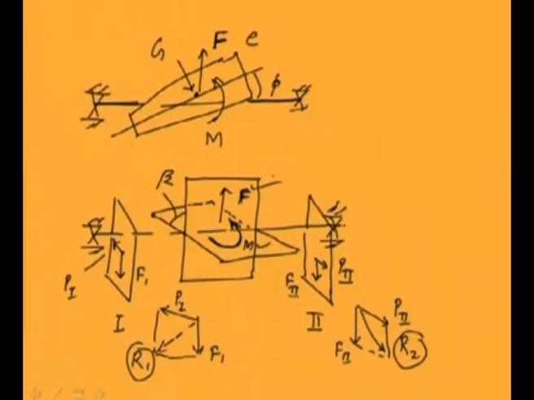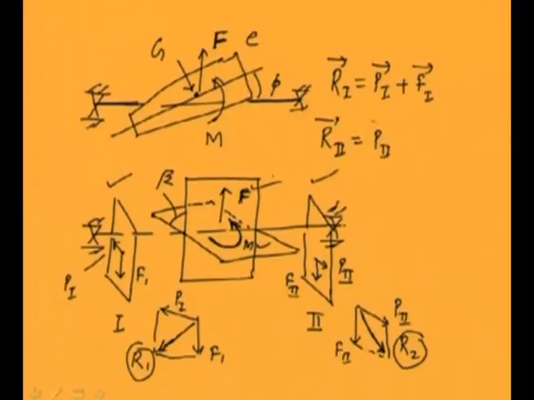You can see their directions are different now, even the magnitudes will be different, but they will balance both the force and the moment. This is the basic principle of dynamic balancing using two planes, plane 1 and plane 2. In equation form, vector R1 is P1 plus F1 and R2 is P2 plus F2.